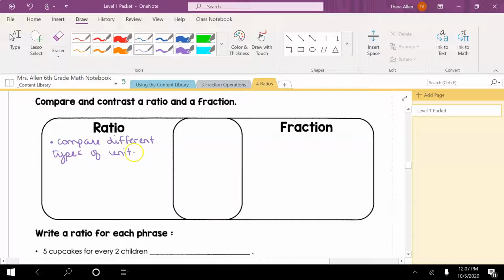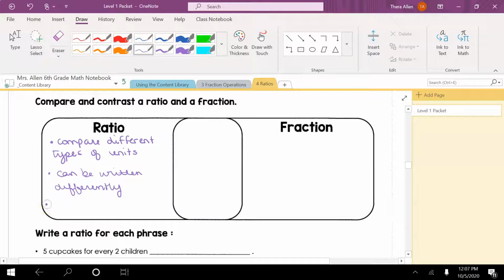We compared the number of dogs to the number of cats. Another thing, ratios can be written differently, and that's how we talked about with the colon, as a fraction, or with the word "to."